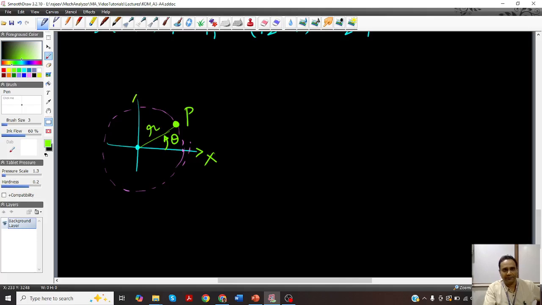Similarly, we'll also look at the parametric equation of a circle. If a radius is given to us and I want to move on this circle, let's say I have a point P. The radius of a given circle does not change, it is R. The angle theta is measured with respect to the positive x-axis, counterclockwise.